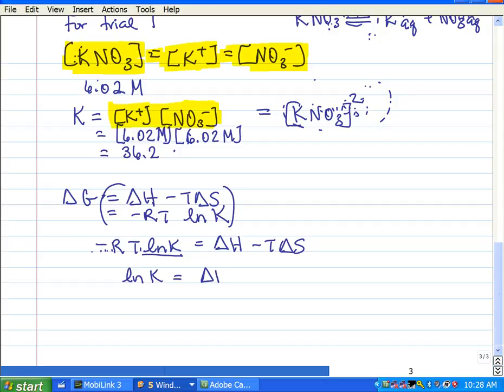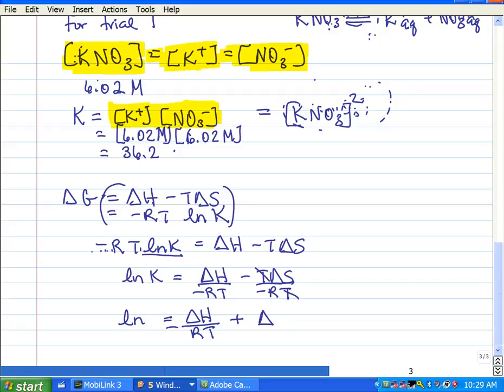Does everybody see that? So we divide both sides by negative RT, and so delta H divided by RT, plus, because we divided, the temperature is canceled here. See?